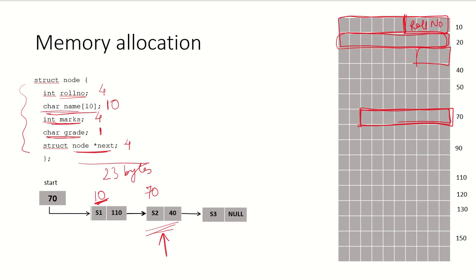In the 10 bytes after that, the name would be stored. Then we will have the marks, then the character grade in 1 byte and the pointer in the next 4 bytes. So this is how the memory allocation will take place for the nodes.